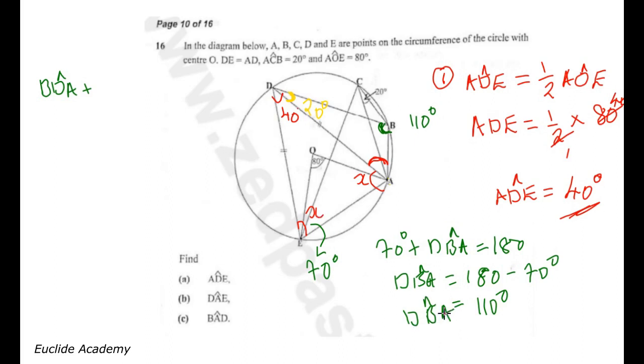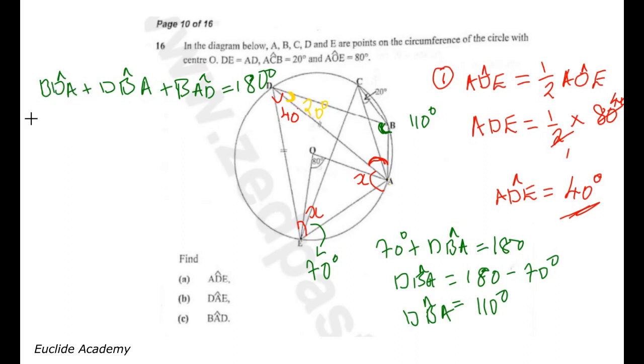Since we have started with DBA, we're going to go with DBA, so we say DBA plus angle BAD, which is BAD. This should give us 180 degrees.